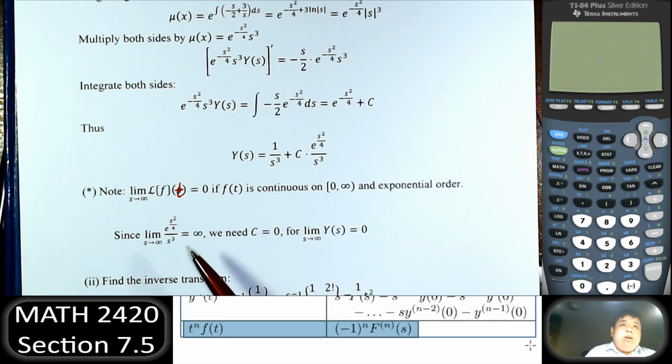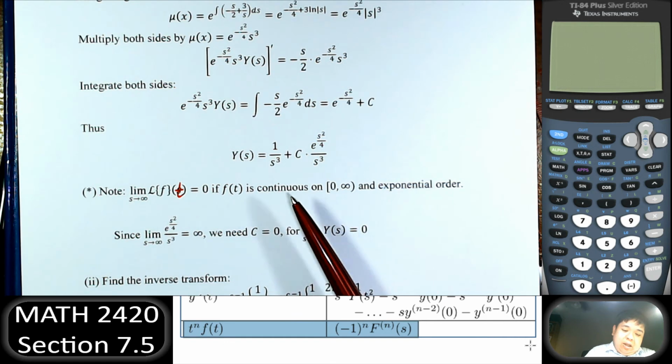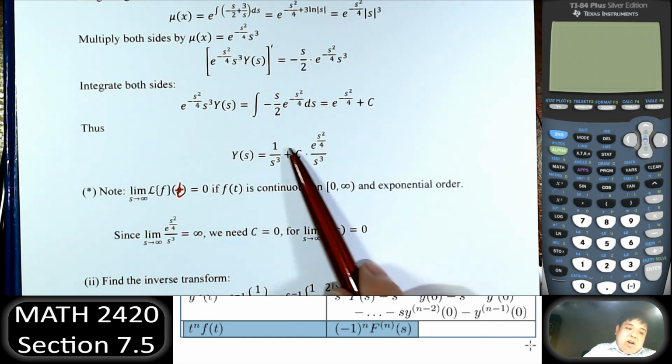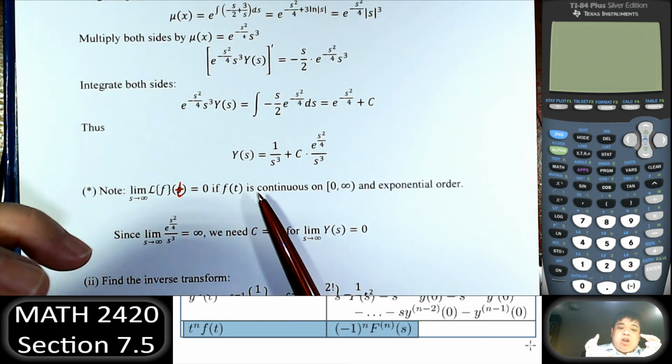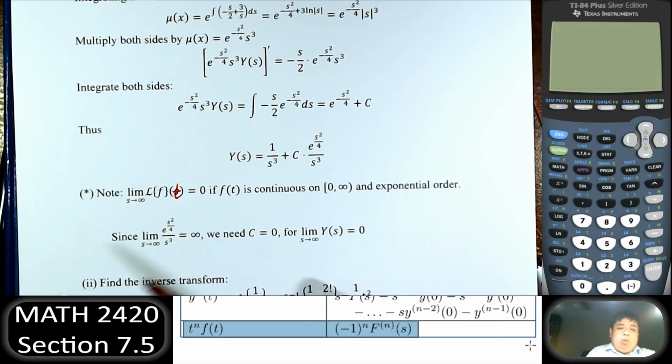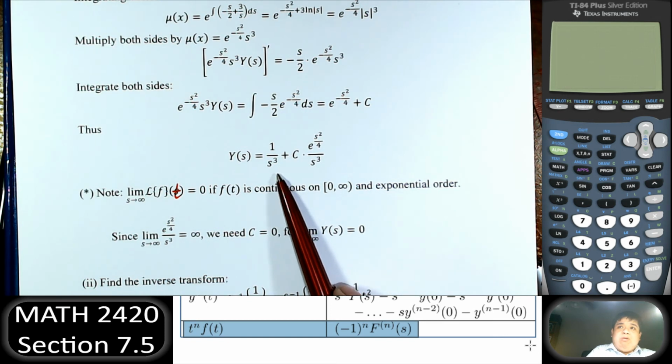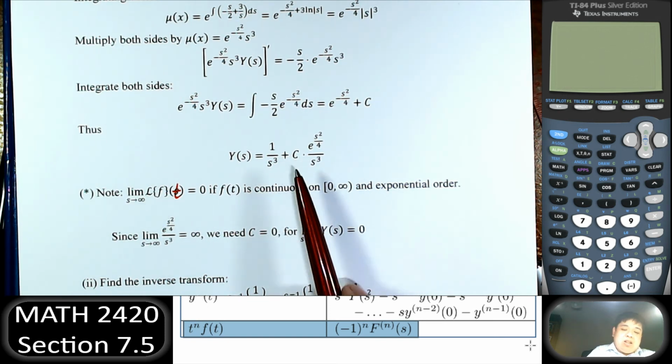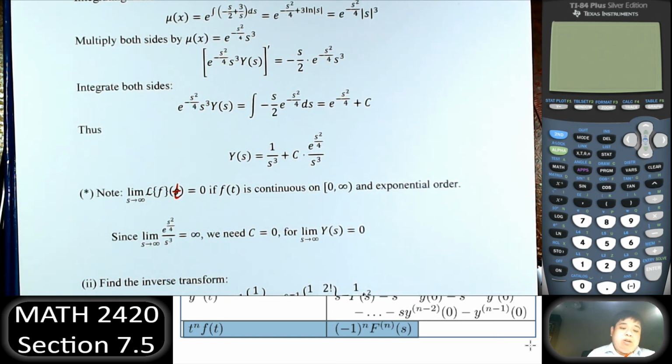Now whatever the Laplace transform is, it should not go to infinity as s goes to infinity. Whatever we have as the Laplace transform cannot go to infinity. It has to be a finite number.